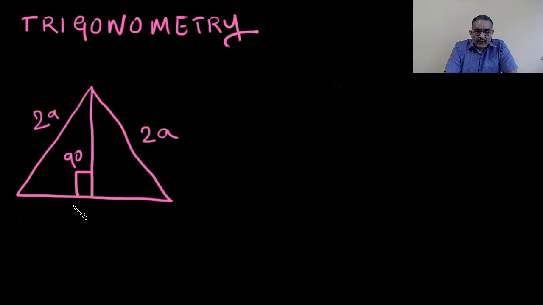Okay, now we have a triangle here where all sides are equal and all these three angles are equal. So that makes it 60 degrees here, 60 degrees here, and this total is 60.